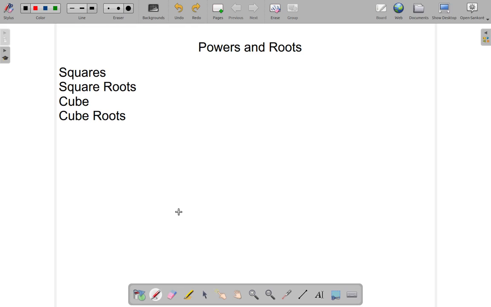If you find the square root, let's say the square root of negative 4, what will happen? If you try to use your calculator to do it, you get an error message. Why? Here, you may say, what's the square root of negative 4? Is it negative 2?